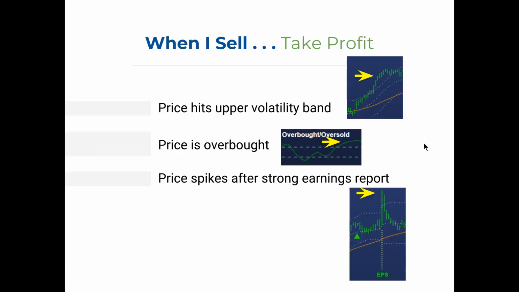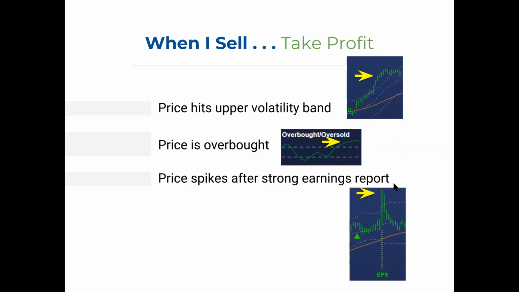There's three basic scenarios where you want to take a profit. If the price hits that upper volatility band, remember that's that dotted line, and I said a stock is not likely to go outside of that. So if it does bump up past it, it tends to be fleeting, and grab it, take the opportunity and sell and say thank you. Price is overbought. That's that zigzaggy pattern, obviously, that we just talked about.